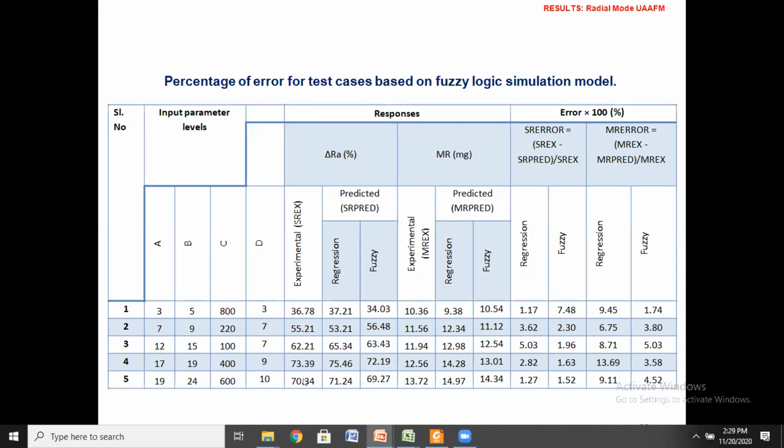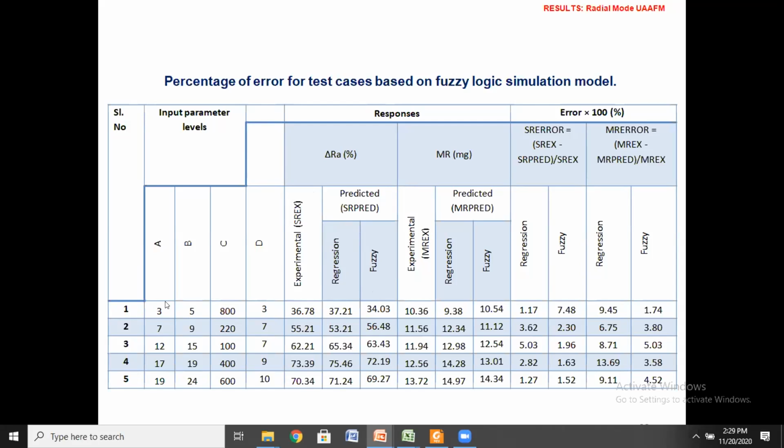If you have the setup and workpiece, etc., you can easily conduct the experiment. I have done the experiments. Here you can see the experimental value, and for regression, you insert the regression equation in the Excel sheet and, by varying A, B, C, D, you get the regression value. And in fuzzy, I have shown you the fuzzy logic controller.